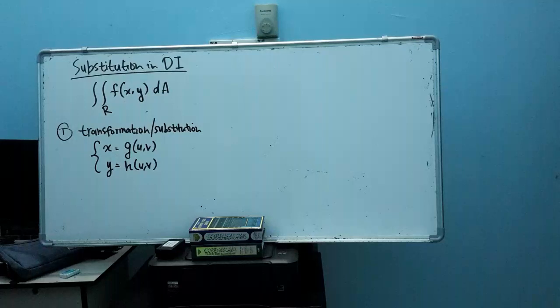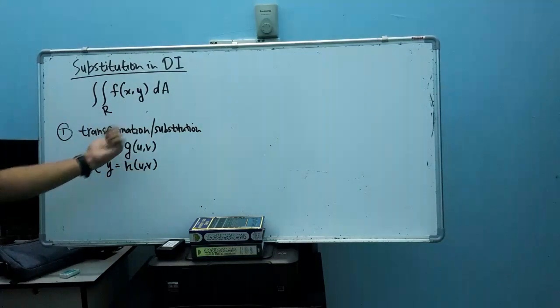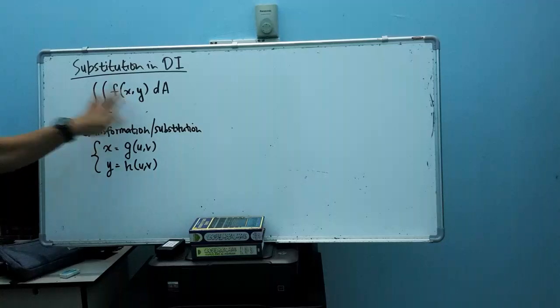You let x equal some function of two variables, u and v, and y also equal some function of u and v. So this is the substitution, or transformation, for the double integral.